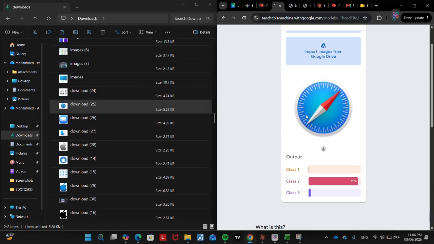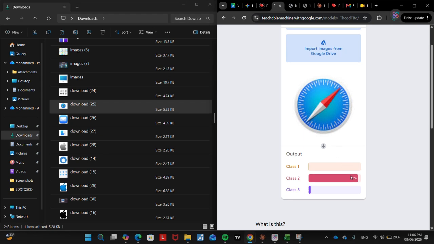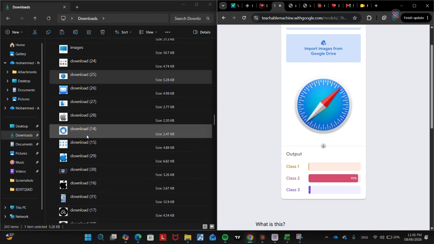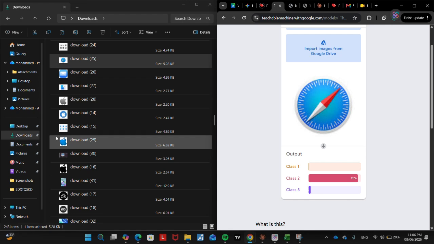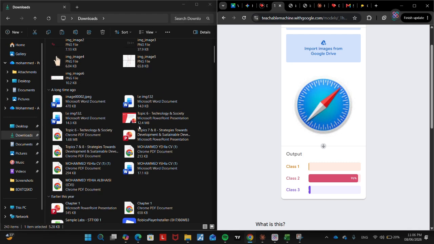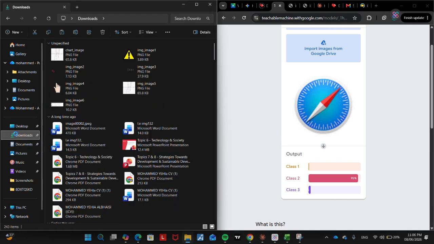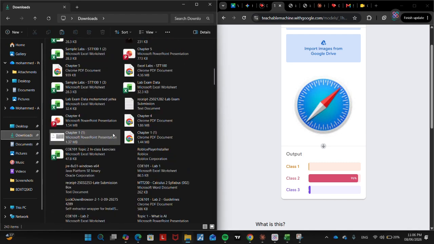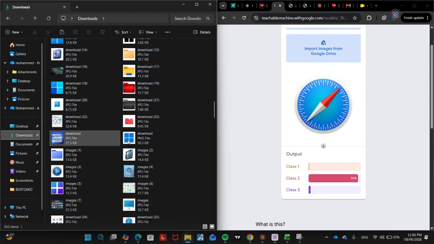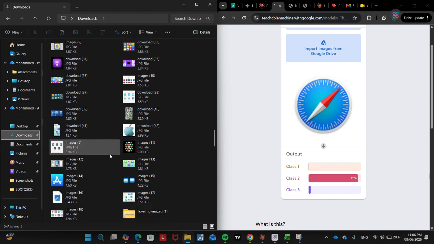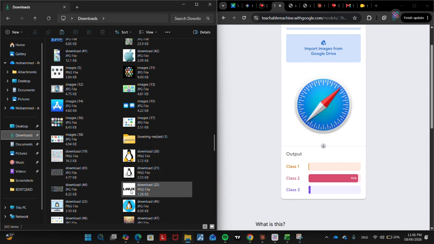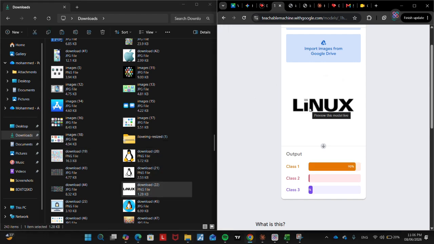And let's try it for another class, for example macOS. I'll upload a picture right now and we'll see how the test results go. I'll upload this one. We got 95% class 2, which is macOS. And right now we're going to upload a Linux image just to make sure.